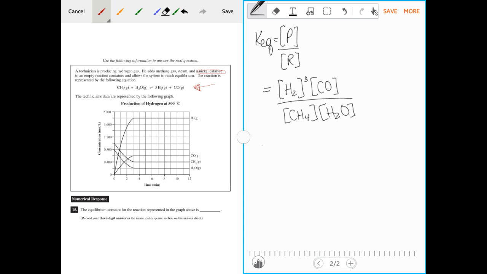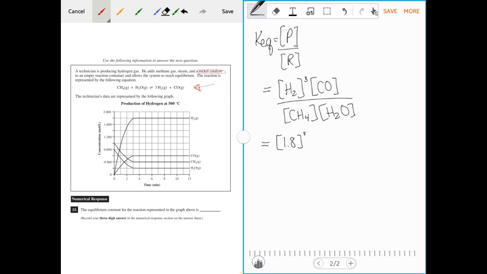Now, when we go to fill in these values, we simply pick the values off the chart. So for my hydrogen gas, my concentration of that looks to be in between 1.6 and 2.0. It appears to be a sort of 0.2 jump every time. So 0.2, 0.4, 0.6, 0.8, etc. So between 1.6 and 2.0 should be 1.8.